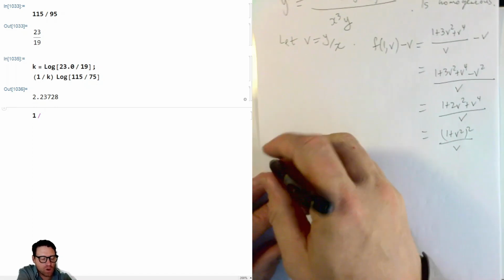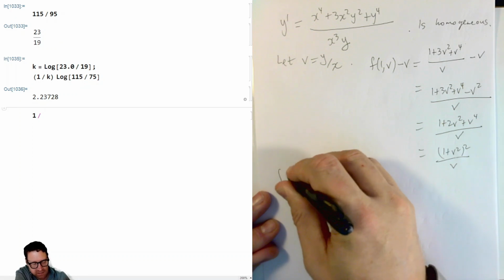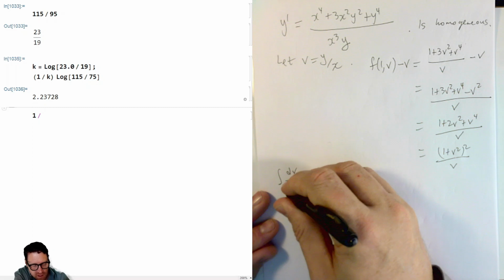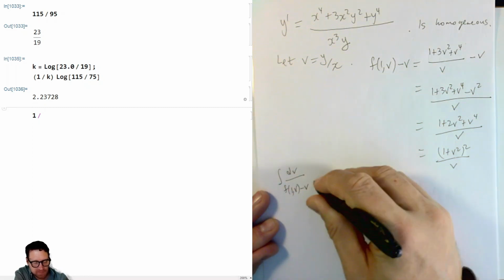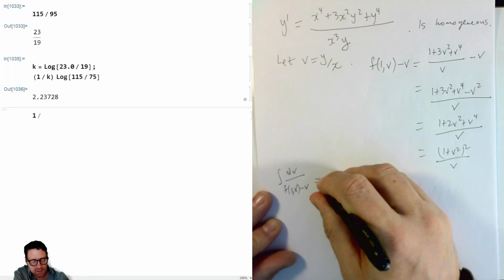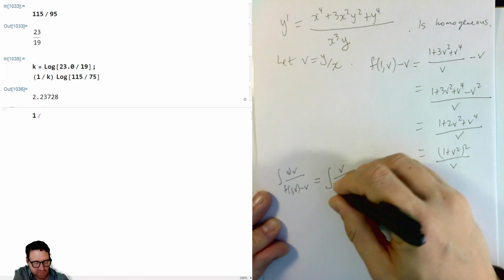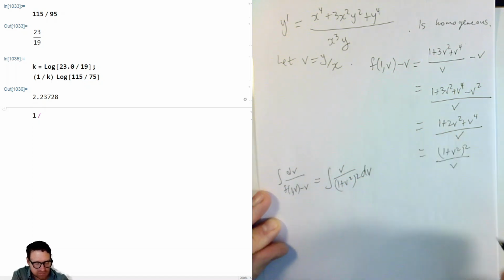Okay, and so the integral we need to calculate to solve this is the integral of 1 over f of 1 v minus v, which is the integral of v over 1 plus v squared squared dv.